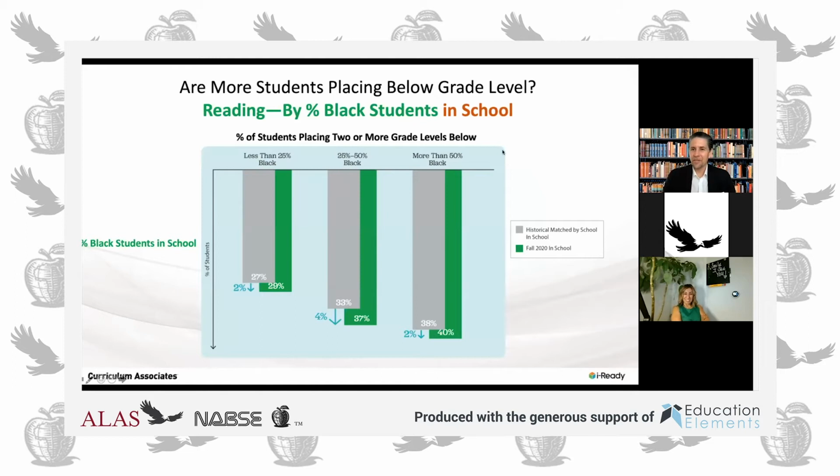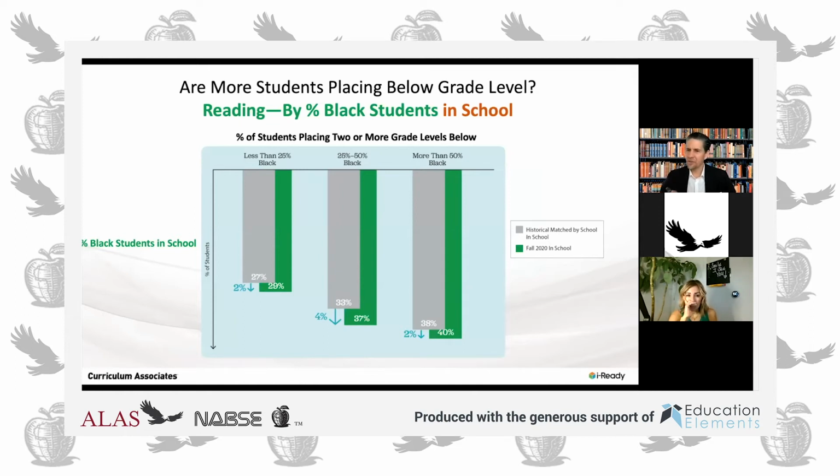So this information now starts to get into race and ethnicity. And here it's that same type of information for in school and how students, specifically Black students, are doing in reading.